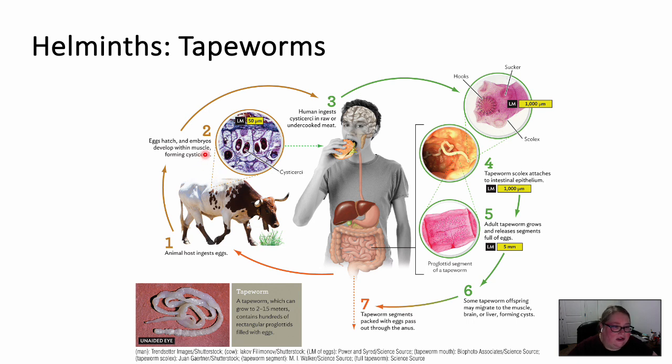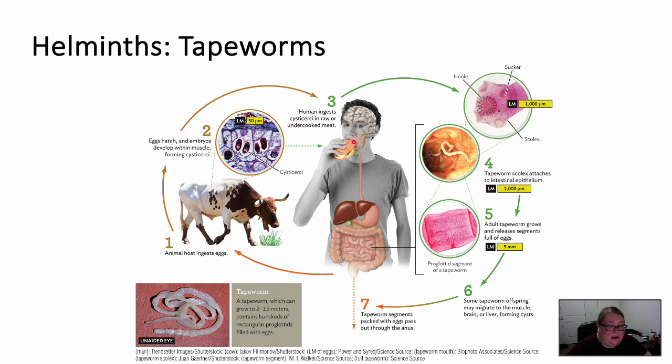Okay, the eggs are going to hatch, and they're going to take their embryos and develop them in the muscle tissue. They're actually going to create this cyst. Okay, then cow is butchered for meat. Meat is undercooked. Okay, so the cyst is not broken open and the tapeworm is not killed.